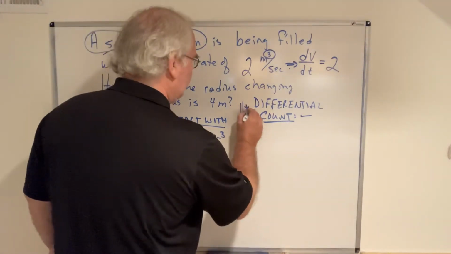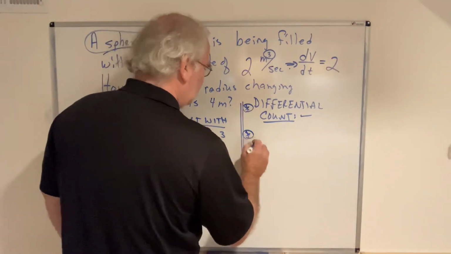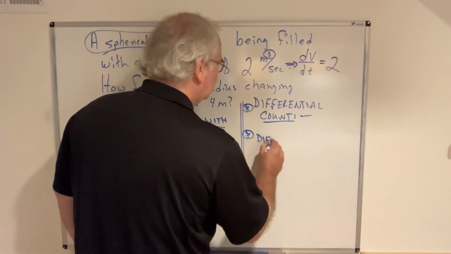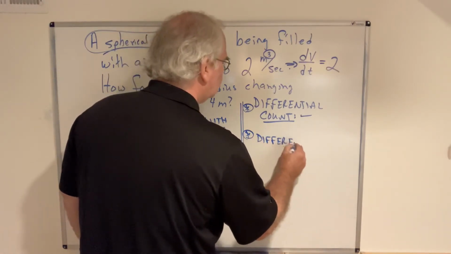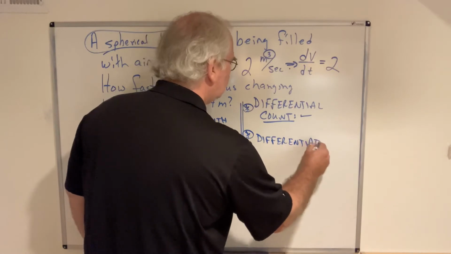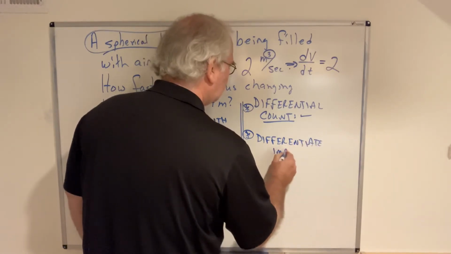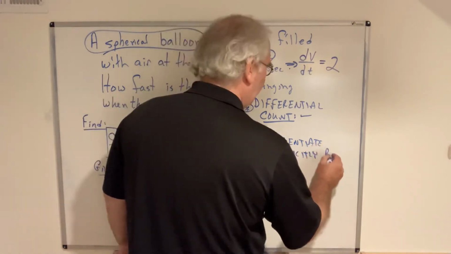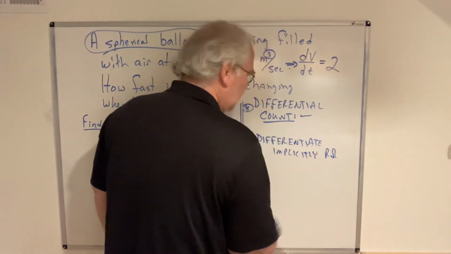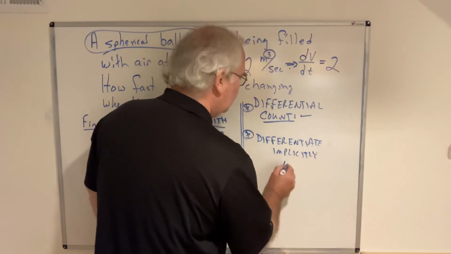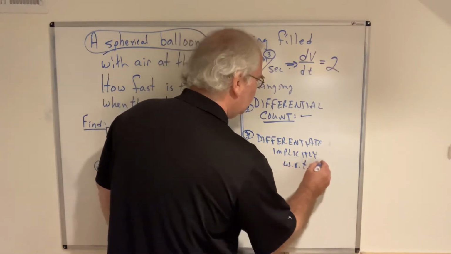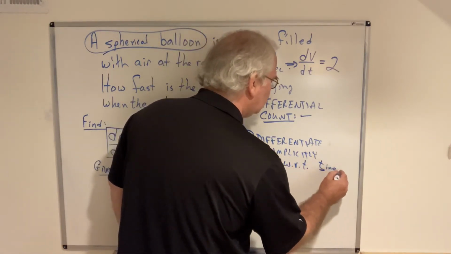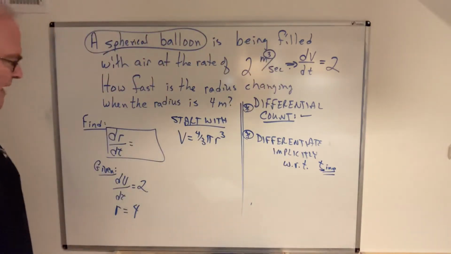Differential count is first, then you differentiate implicitly with respect to time.